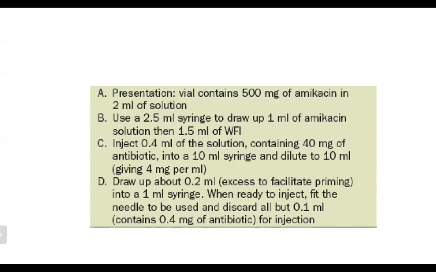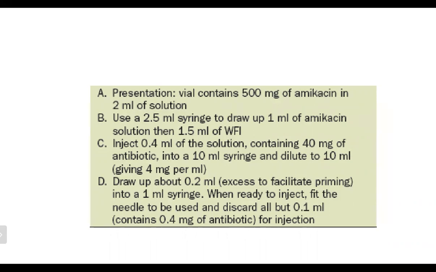Then you add 1.5 mil of water for injection to that 1 mil of amikacin that you took. You have 250 milligrams of amikacin in that 2.5 mils that you've made in your syringe.